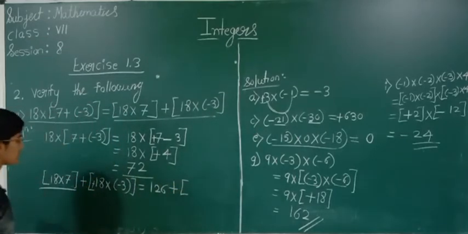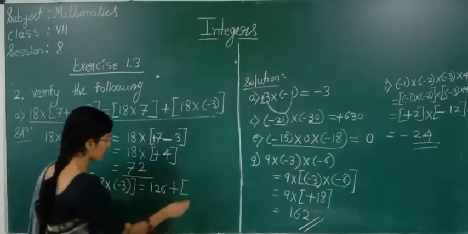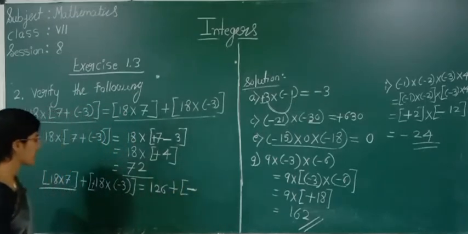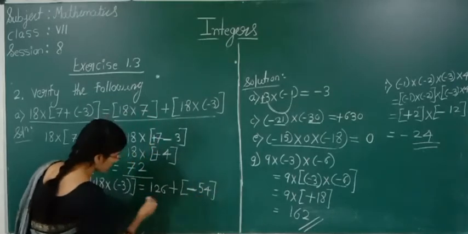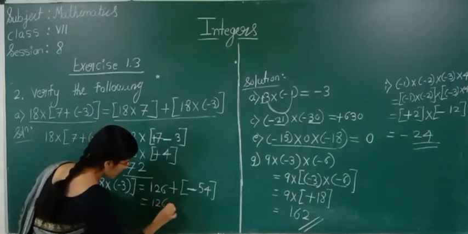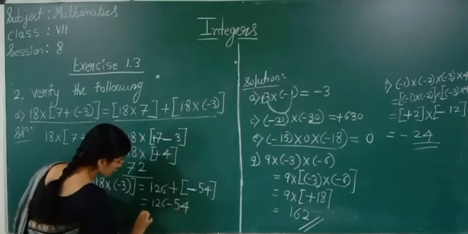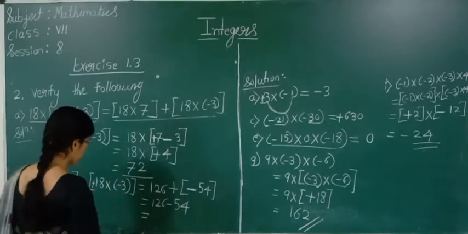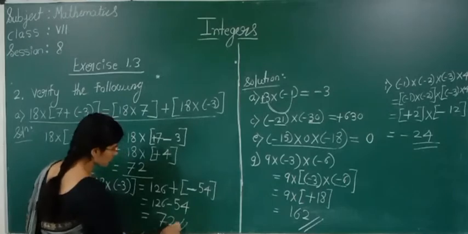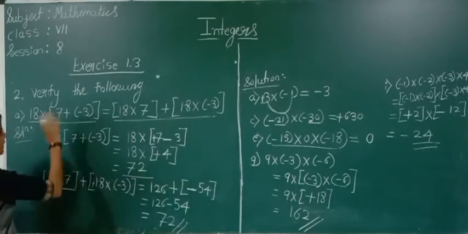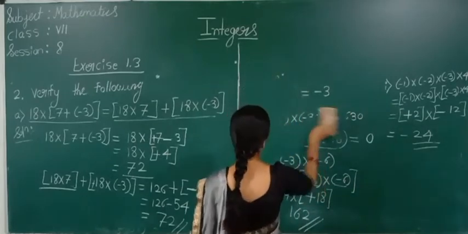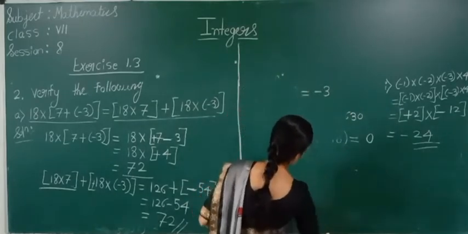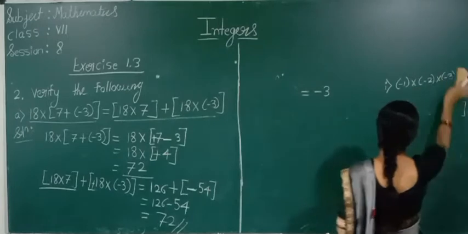A positive integer multiplied by a negative integer, the answer will be a negative integer. 18 threes is 54. 126 minus 54. What is 126 minus 54? It will be 72. So, what we can tell, left hand side is equal to right hand side. Yes or no? LHS is equal to RHS.